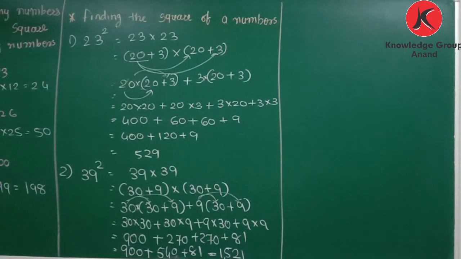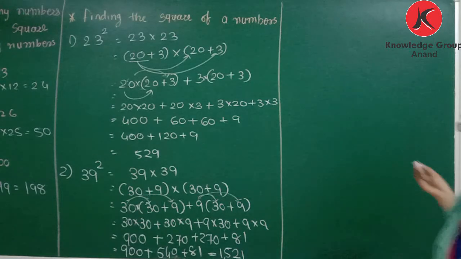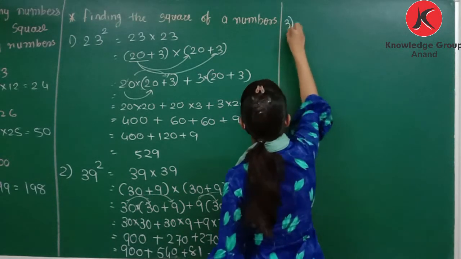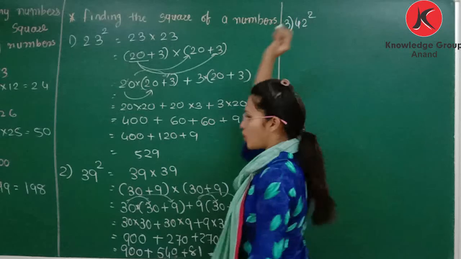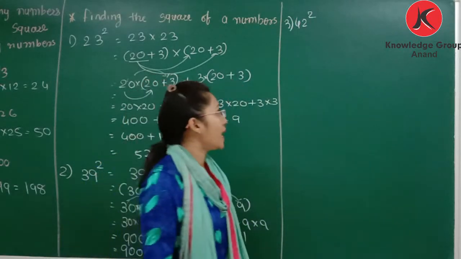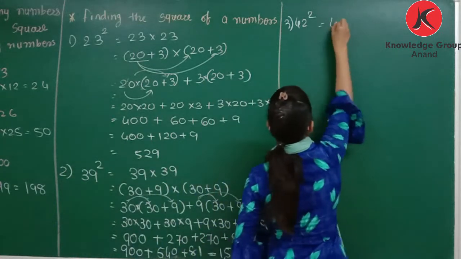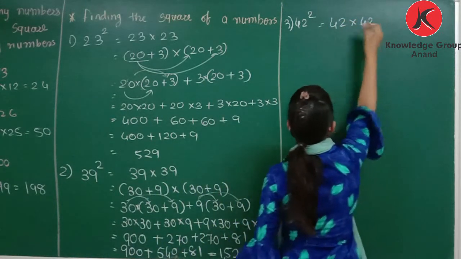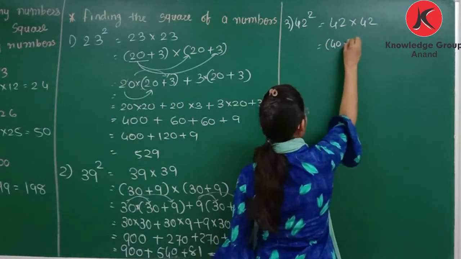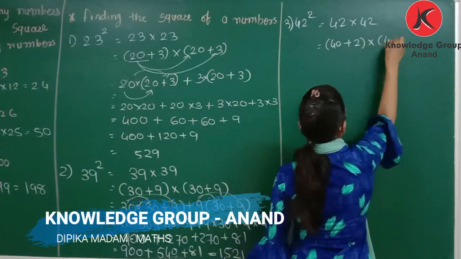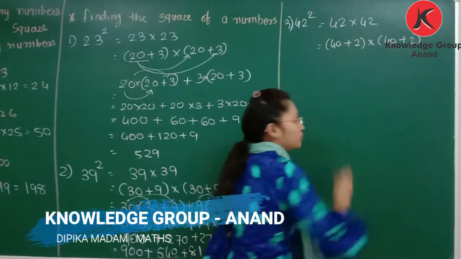Let's take one more example, that is 42. If you want to find 42 square, then without doing actual multiplication, we will use the rule. 42 multiply 42 can be written as 40 plus 2 multiply 40 plus 2.